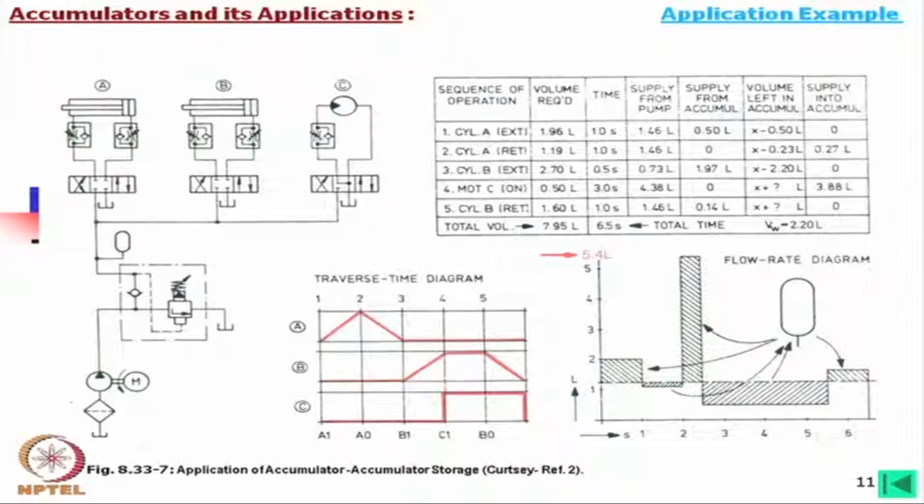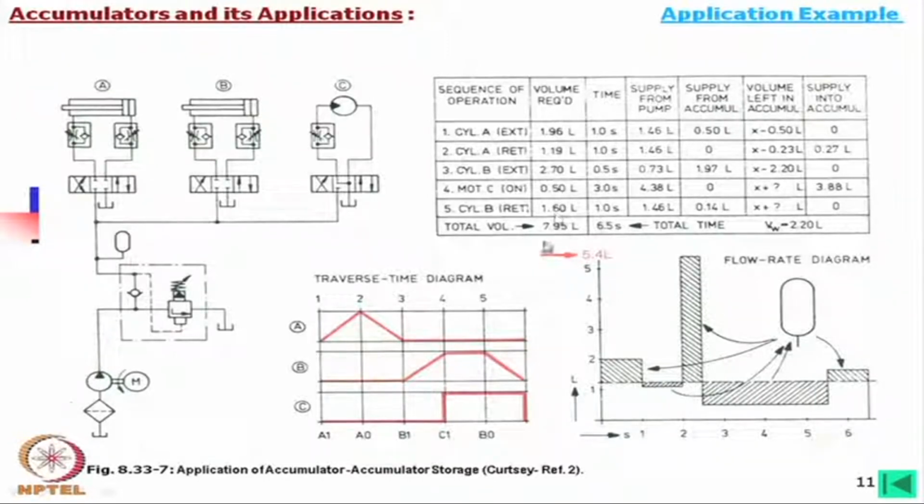So, 3.88 liter will try to go into the accumulator, and then cycle B again returns V 1.06, and this is the chart, you can follow this chart.